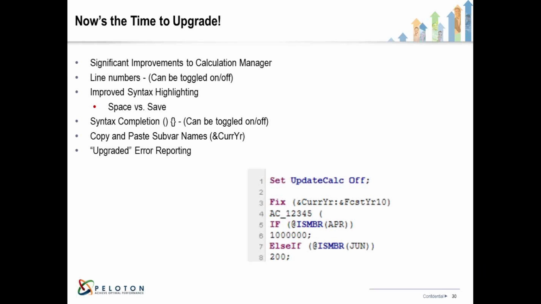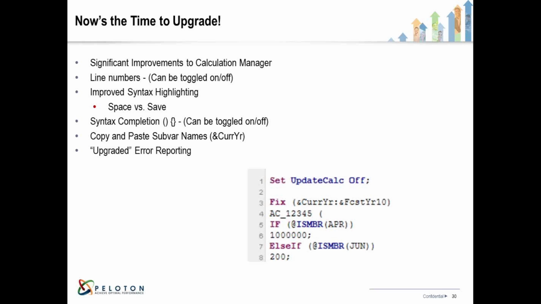With the newer versions, when you save it, or if you just press the space bar to go to the next piece, it'll automatically highlight the syntax for you, so you don't have to save it every time you type something in to see if that's a valid command.